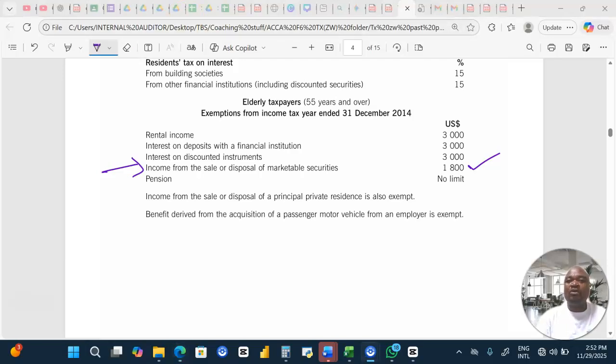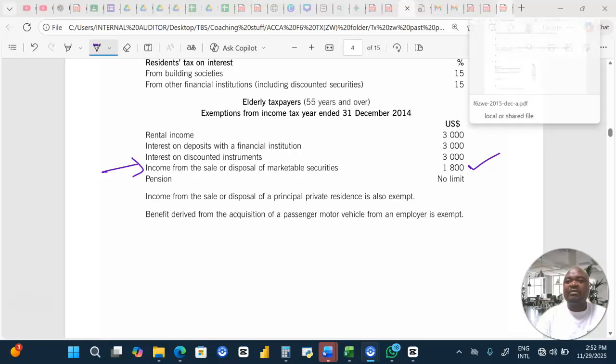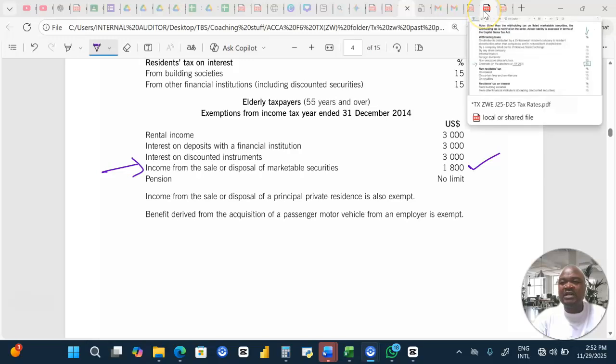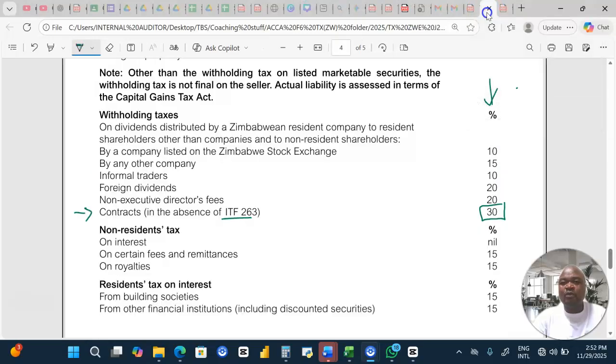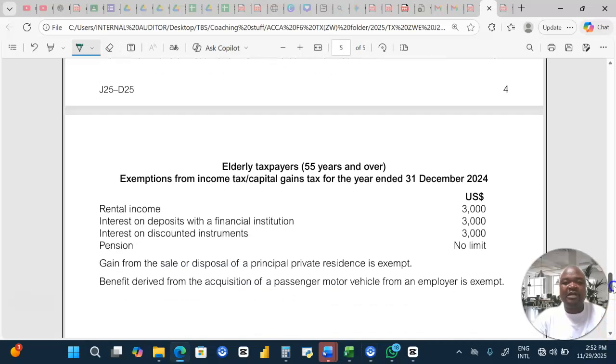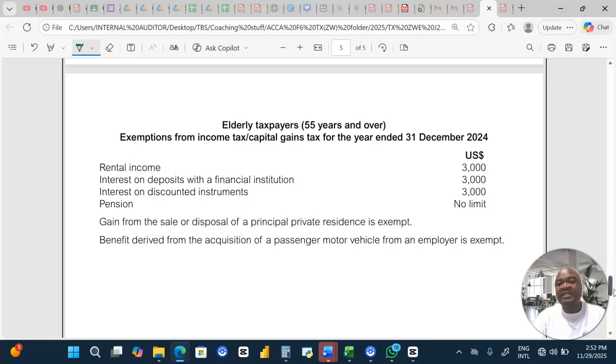Hopefully you'll be told. In the current tax tables, I tried to look for such an item. I could not locate one. If you look, this is the current tax table for elderly persons, 55 years and above. We don't have such a thing.